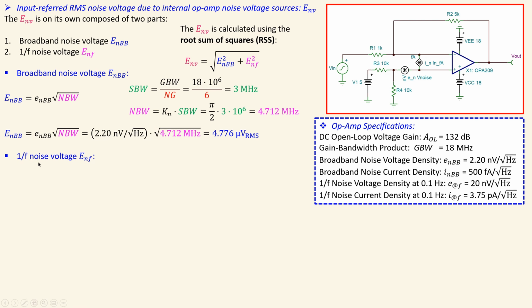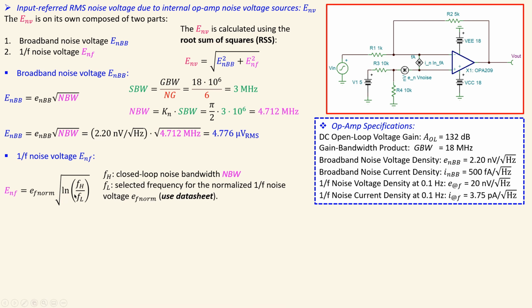For the 1/f noise voltage in RMS value, we will use this formula, and we need the normalized value of the noise voltage. The parameters are the following. We have the upper cutoff frequency, which is also the noise bandwidth in this part. We have the lower cutoff frequency, or lower part of the frequency in this 1/f noise region, which is a selected frequency for the normalized 1/f noise voltage.